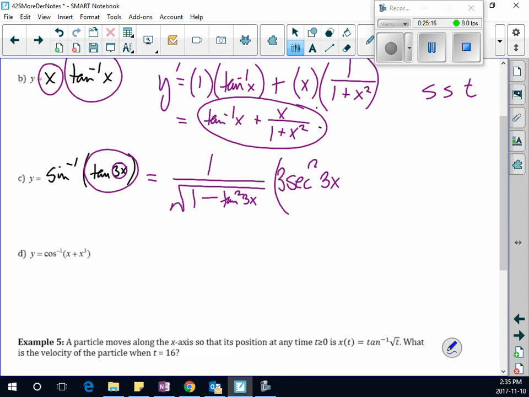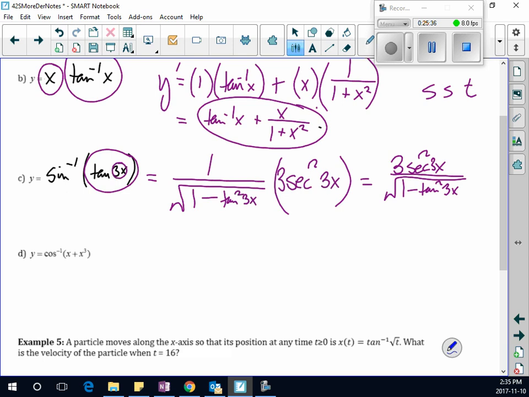So I'm going to put the 3 in front. Then I get 3 secant squared 3x over the square root of 1 minus tan squared 3x.